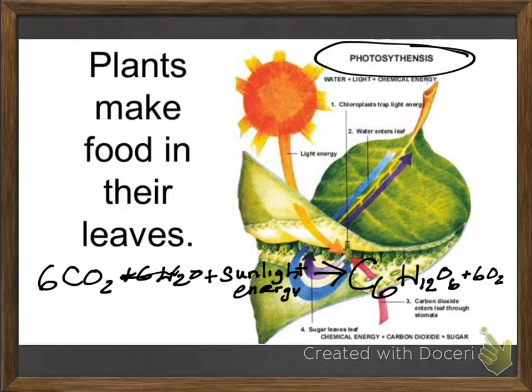If we can recall that specific equation, then we can say that the carbon dioxide plus the water plus the sunlight's energy is going to make for us the glucose and the oxygen.